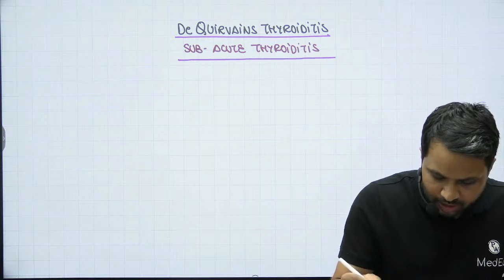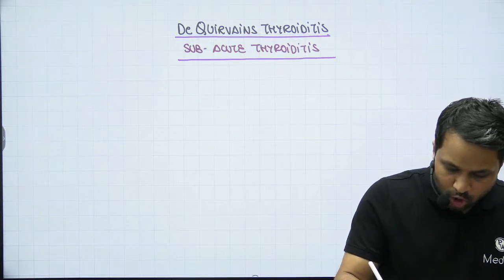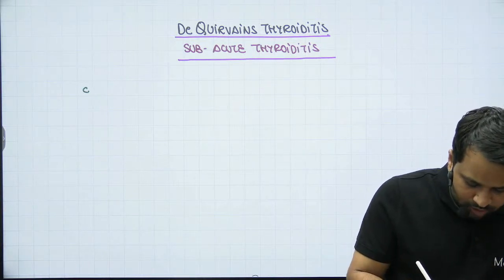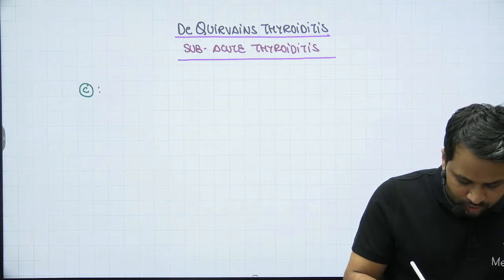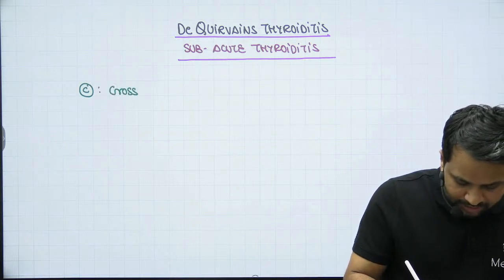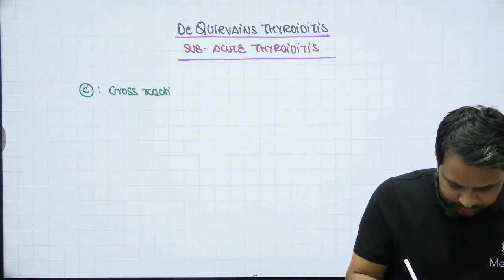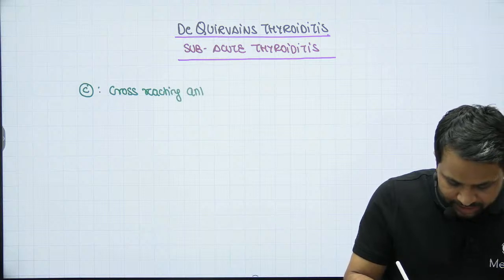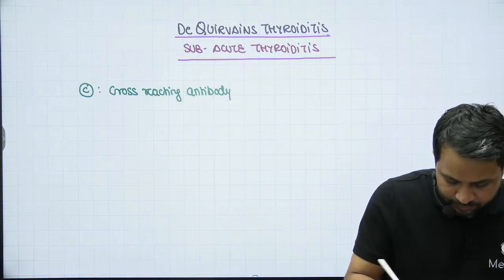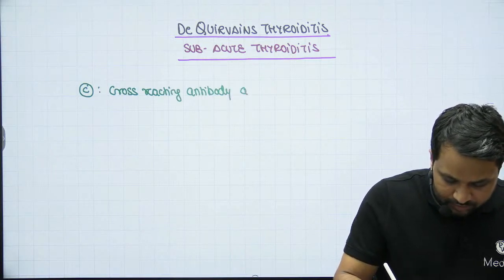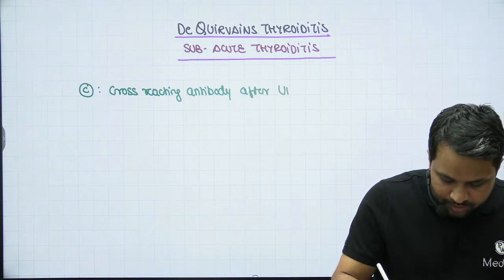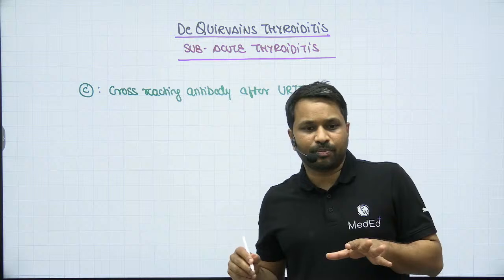So if you ask what is the cause behind this, the cause of De Quervain's thyroiditis is cross-reacting antibodies after an upper respiratory tract infection.